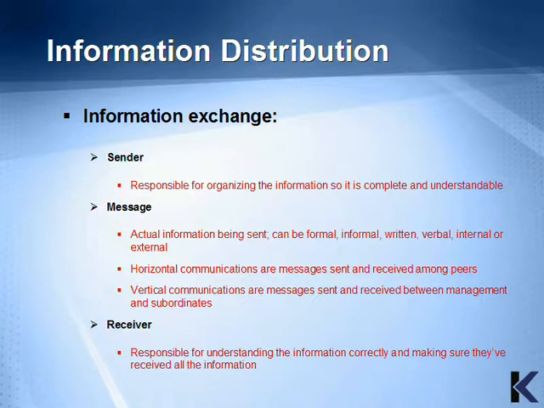Horizontal communications are messages sent and received among peers. Vertical communications are messages sent and received between management and subordinates. The receiver is responsible for understanding the information correctly and making sure they've received all the information.